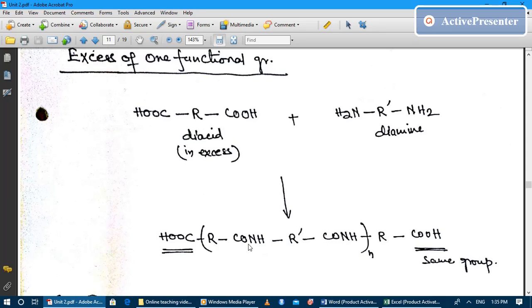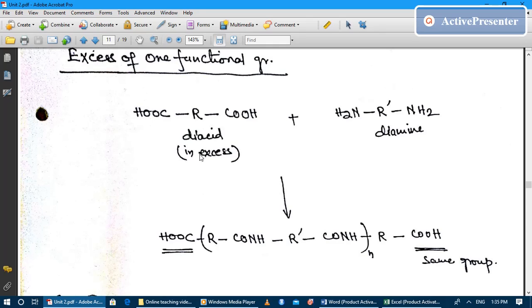NHCO is the amide, and when amide groups are present in a polymer, this kind of polymers are known as polyamides. And nylons particularly, you are aware that polyamides are basically nylons. Nylon is a trade name by the DuPont company. So technical name is polyamide, and polyamide will be formed by the reaction of diacid and diamine.